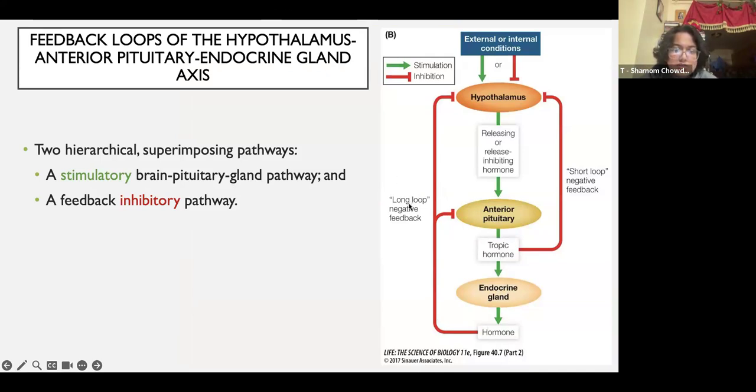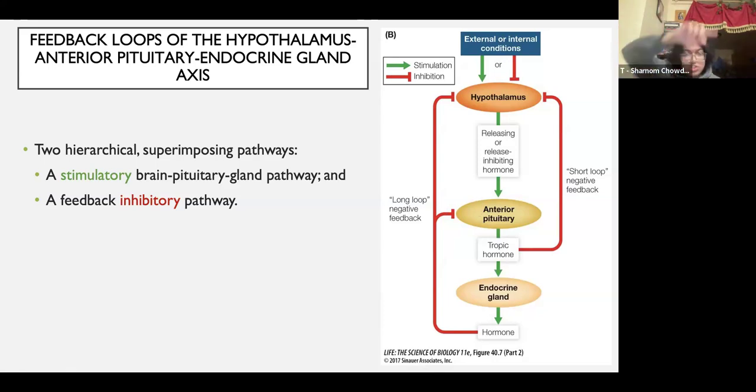I'm not sure if that's specifically what helps. It doesn't necessarily release it twice. It's the fact that it's a feedback loop, remember? ACTH is only released from the anterior pituitary, which then goes to the adrenal gland, which then releases further hormones.